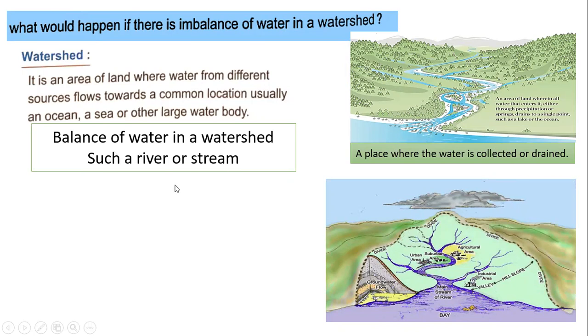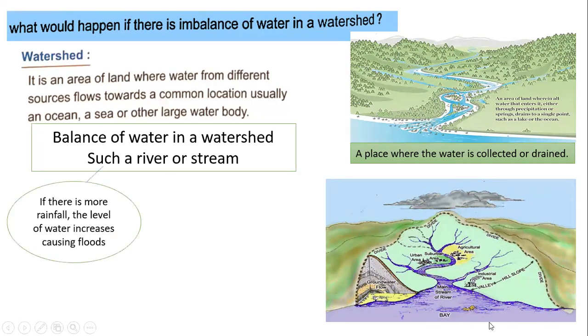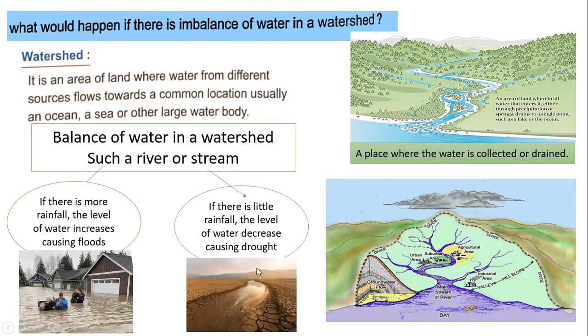Balance of water in a watershed such as a river or a stream. What happens to the watershed in these two cases? Number one, if there is more rainfall, a lot of rain, the level of water increases causing floods. هنلاقي هنا مستوى المية هيعلى جدا جدا ويبتدي يغرق الدنيا كلها زي كده. If there is little rain, the level of water decreases causing drought.